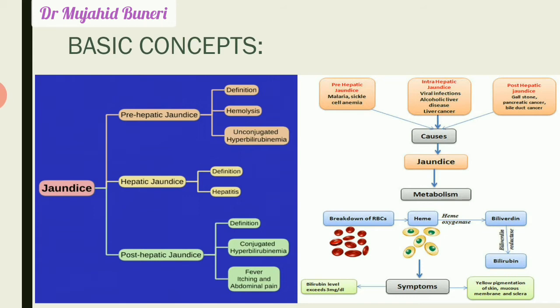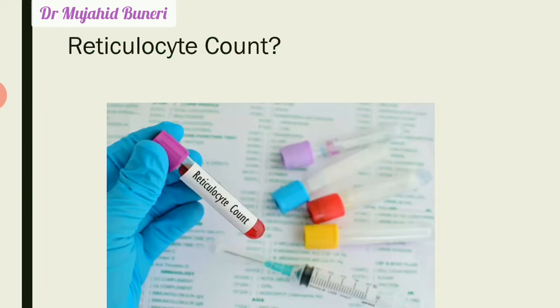It will be increased in hemolytic anemia. This is the test which really confirms that there is hemolysis. Normal retic count is 0.5 to 2%, but in hemolysis, the count may be as high as 5 to 10%.